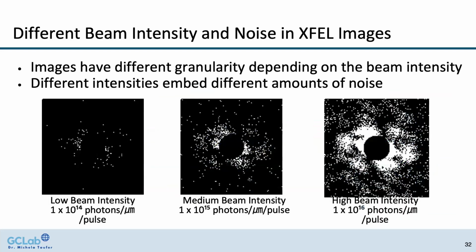And so these experiments actually produce large image data sets with varying noise levels, depending on the beam intensity of the laser. And in our case, we are working with 3 different data sets, and each of these data sets is related to a different intensity level, going from low to medium and finally high.